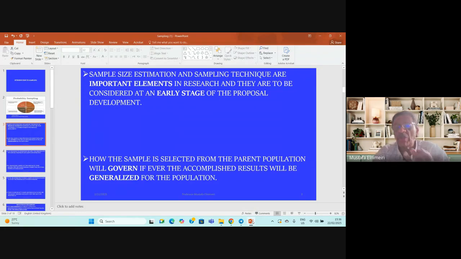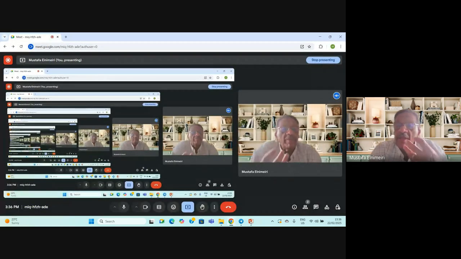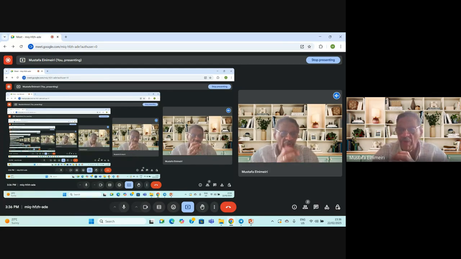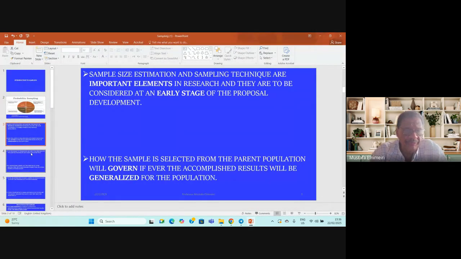How the sample is selected from the parent population will govern whether the achieved results can be generalized to the parent population. In other words, the sample should be representative of the parent population so that, at the end, the accomplished result can be generalized to the parent population.